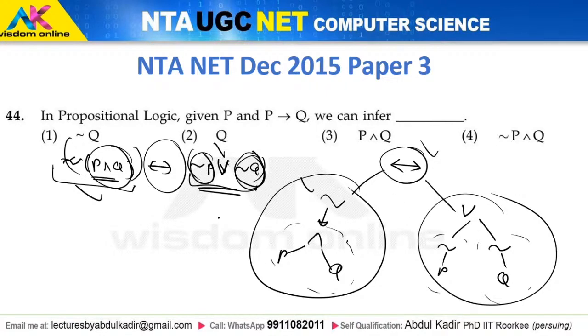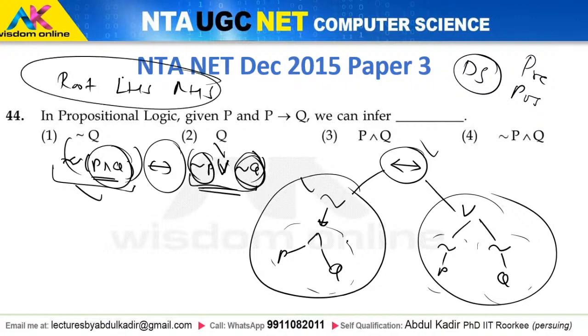Once we have this tree, in data structures you will study something called prefix and postfix. Now you can apply prefix and postfix. So in prefix, what do we do? We first write the root node, then the LHS, then the RHS. This is our pre-order, or prefix order. So first we write the root node, this one. Then we write the complete LHS.